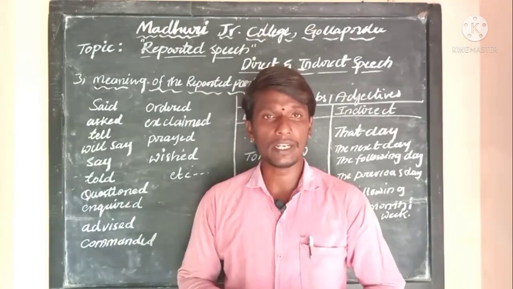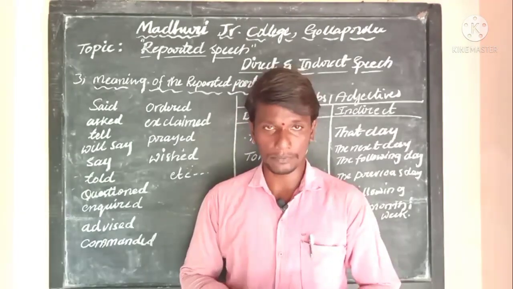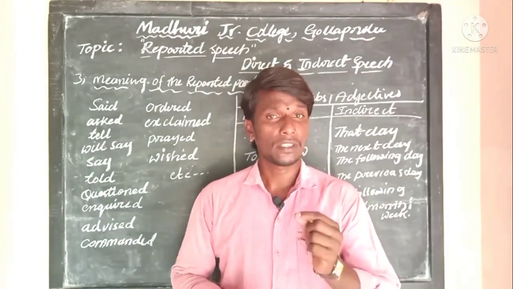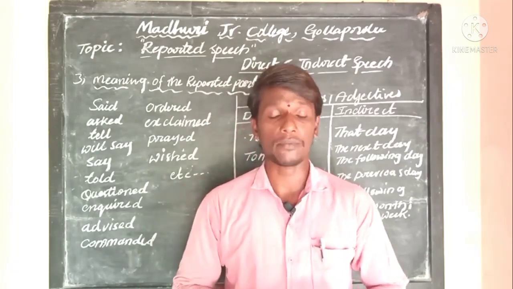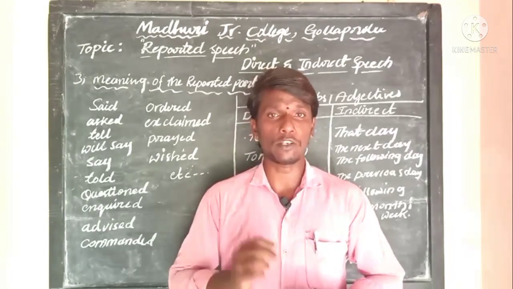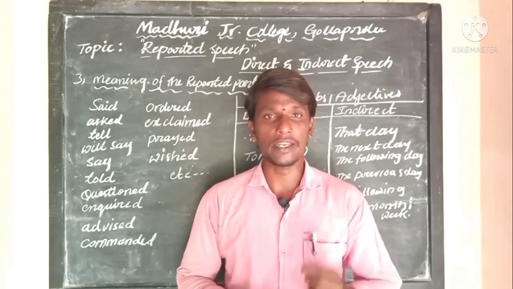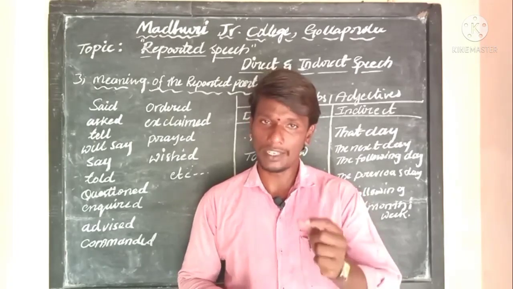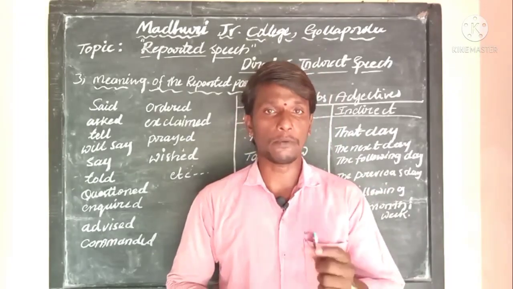If the given reported part is a declarative sentence, we should take the conjunction that. If it is a yes or no type question, we should go for the conjunction if or whether. When you find an interrogative sentence starting with a WH question, we should not use any linker, as the interrogative pronoun works as a conjunction to combine the reported part with the reporting part.